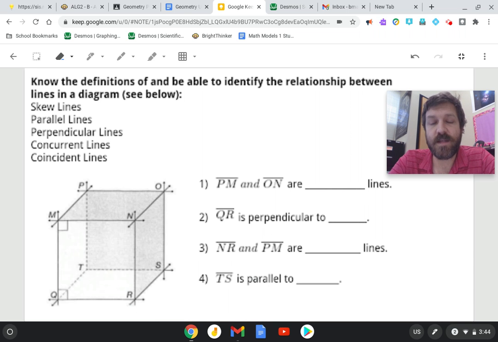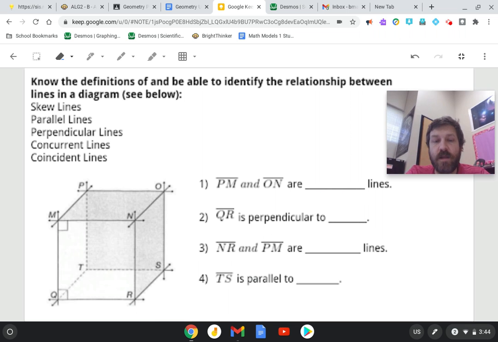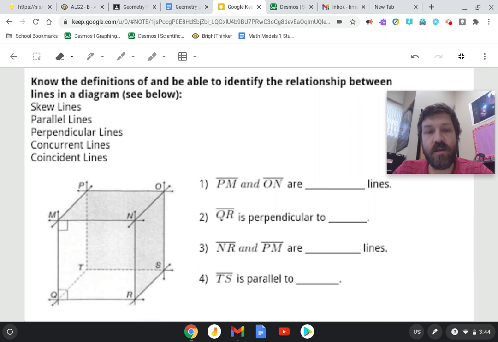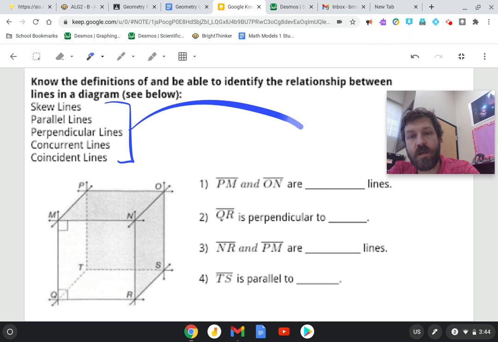Now, in terms of identifying, this is very similar to the diagram you're going to see on the test. I have made up other problems to go with it than what you are going to see on the test so that you know what to expect. When it says here in number 1, PM and ON are blank lines, you need to be choosing from one of the choices over here.